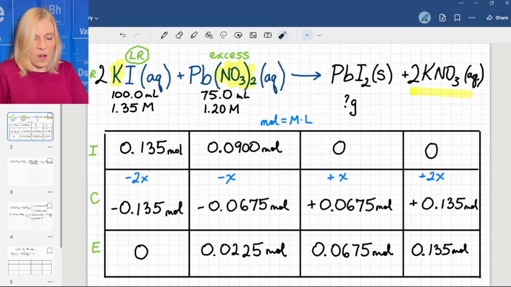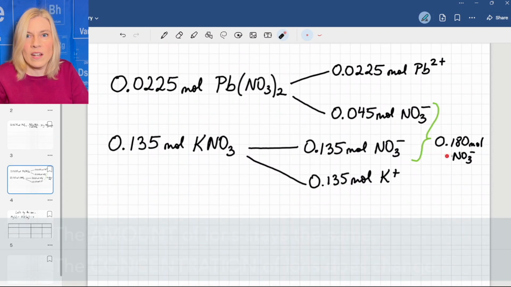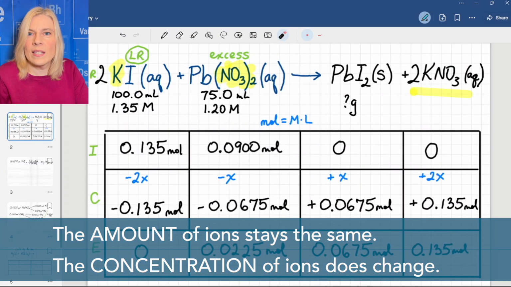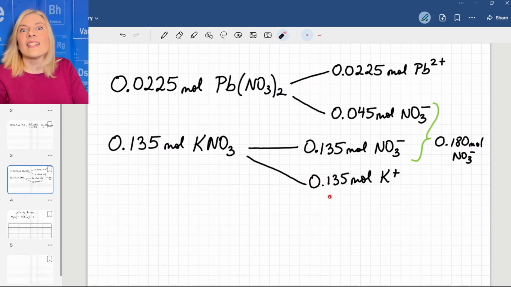Yes? Oh my gosh, it's the same number. It's my spectator ions. They were swimming there before, they are swimming there after. Their concentration did not change. And what about potassium? How much did I have? I have this many moles of potassium ion swimming. How much do I have after? Same number. Isn't that great?